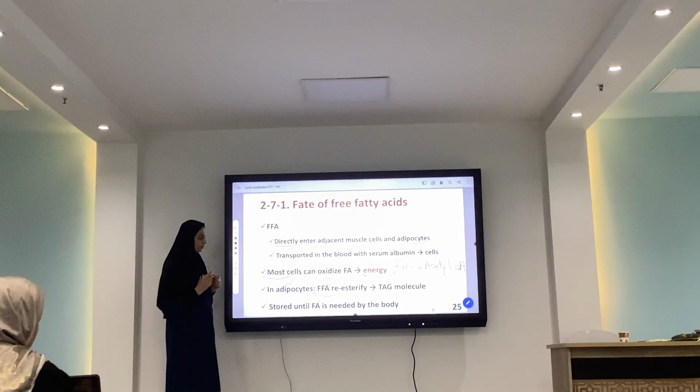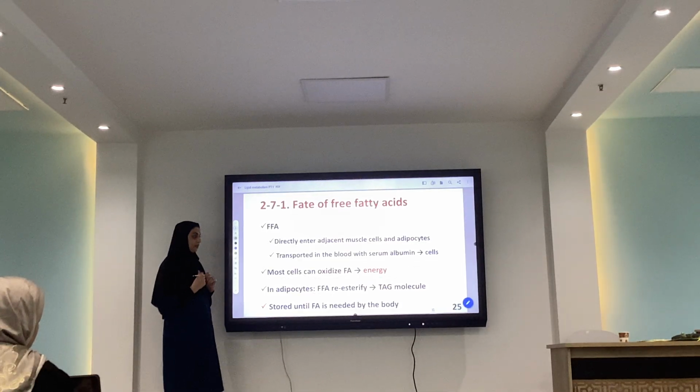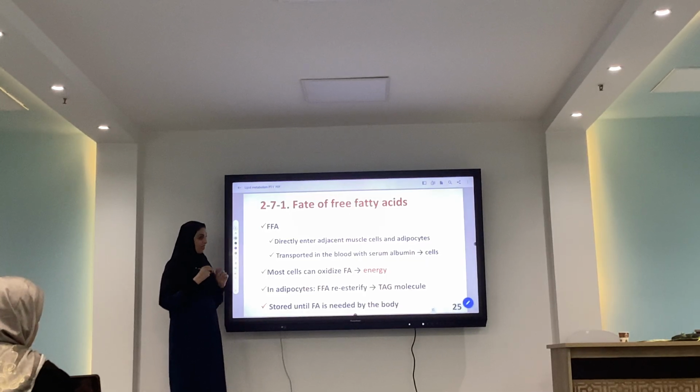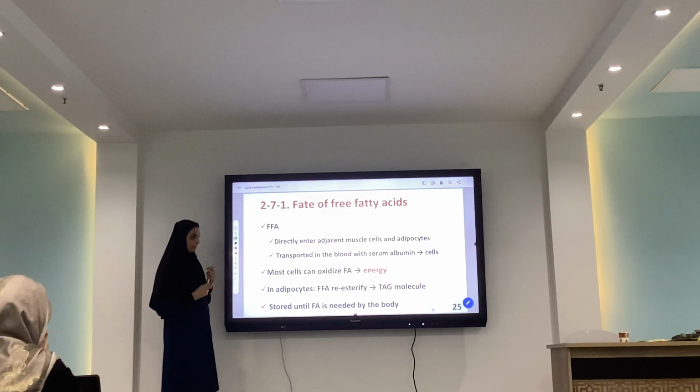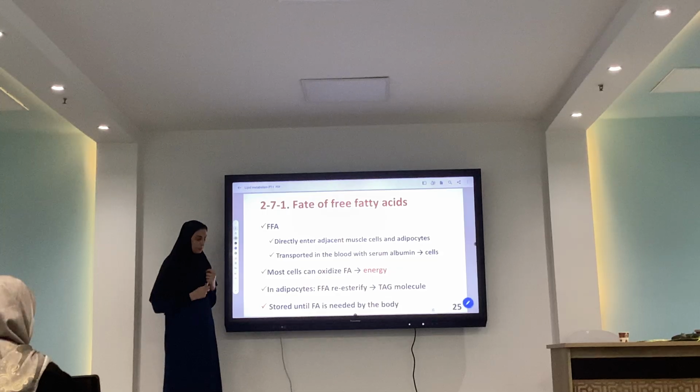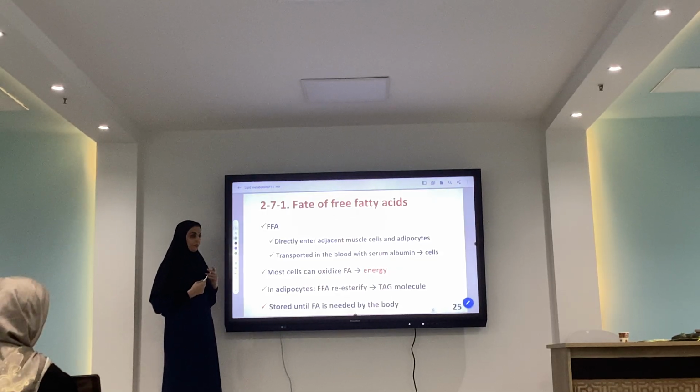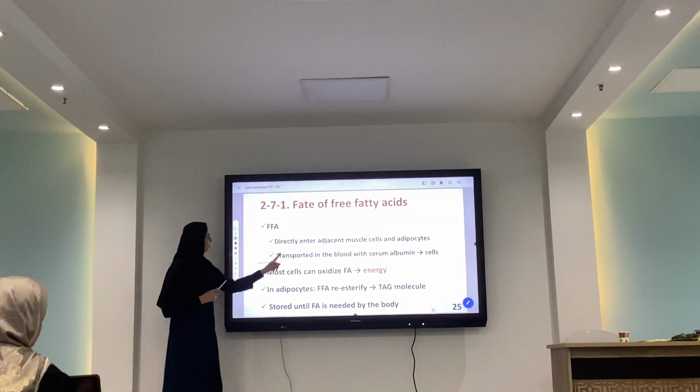And after that, the cell can oxidize the fatty acid to make energy, or make ATP from fatty acid, by breaking down to acetyl-CoA. Right. Okay. And if we don't need the ATP, the adipocytes will make the free fatty acid into TAG. Exactly.